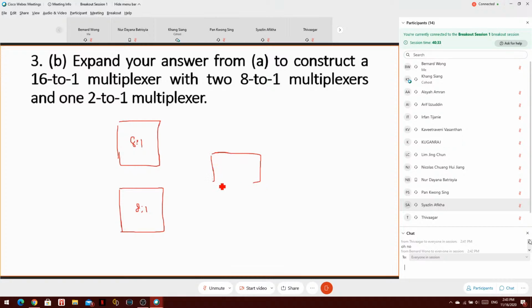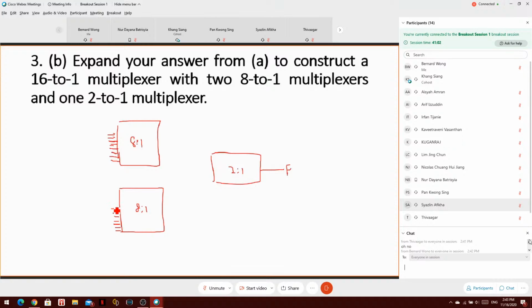And then this one is 2 to 1, and of course you go to F. Of course you need to have 4 selector lines. And each of them needs 8 input lines first, so you determine your input lines first. You should have 8 here, 1, 2, 3, 4, 5, 6, 7, 8. Make sure they touch. So here also have 8.